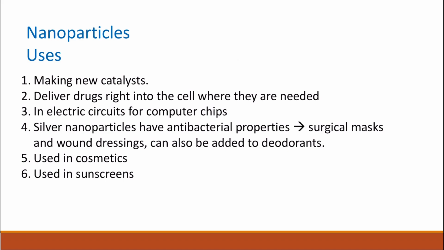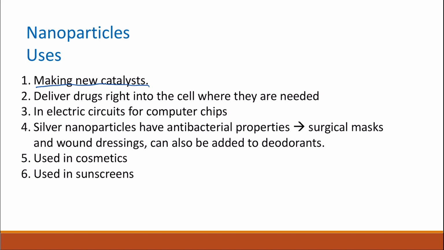One of their uses is in making new catalysts because of the huge surface area compared to their volume. The surface area to volume ratio makes them really useful in making new catalysts, as we just explained. The second use is in drug delivery.